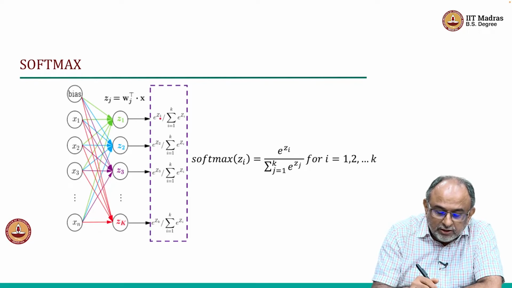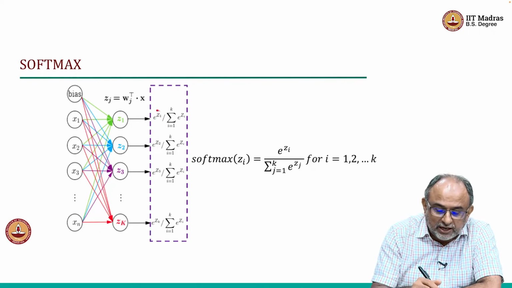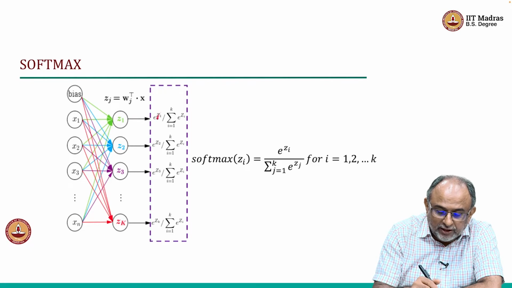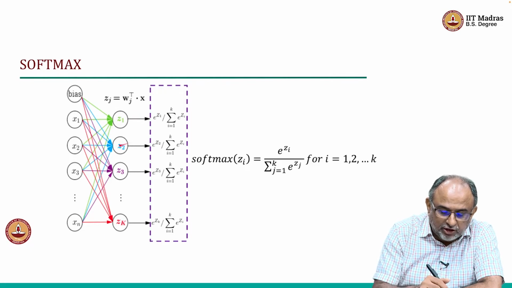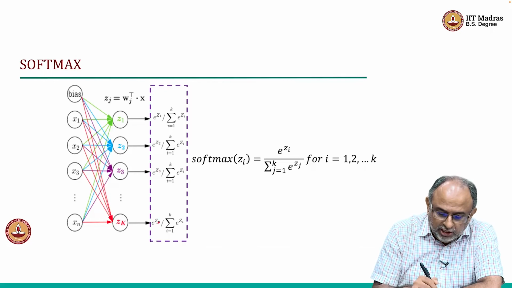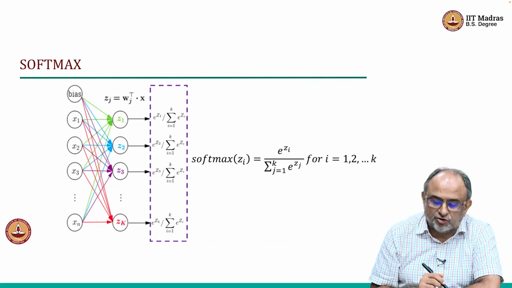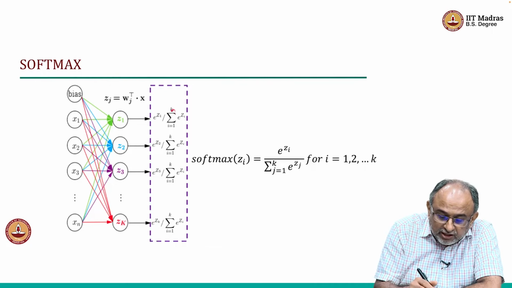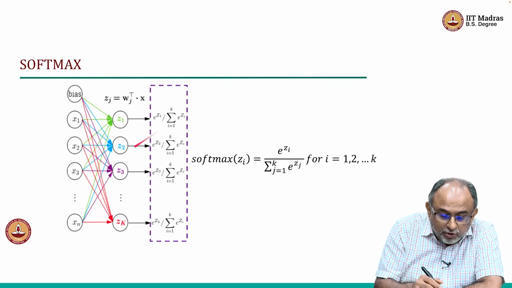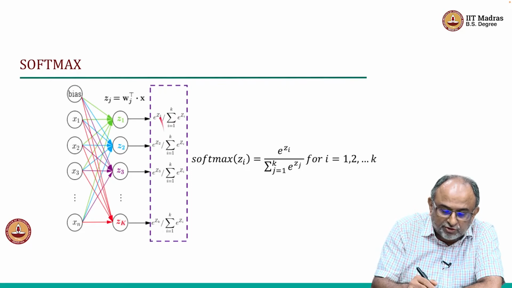Now the beauty comes that at this point I am only dependent on this value. E to the power of z2 I am dependent on this value, e to the power of z3 I am dependent on this value, e to the power of zk I am dependent on this value, right? Now in the denominator I am going to take the addition of all of these values, okay?